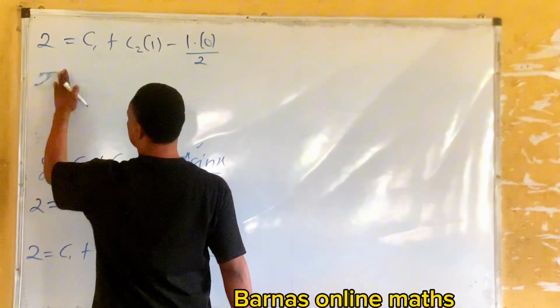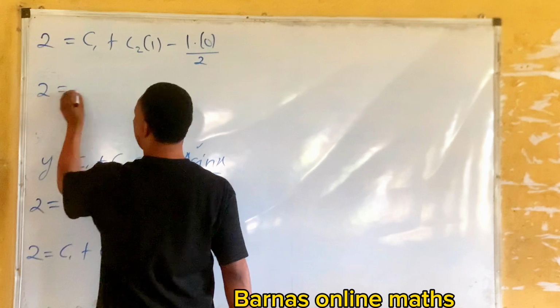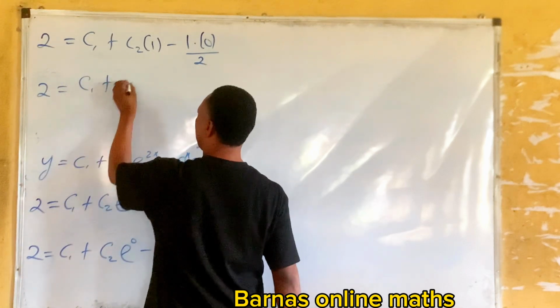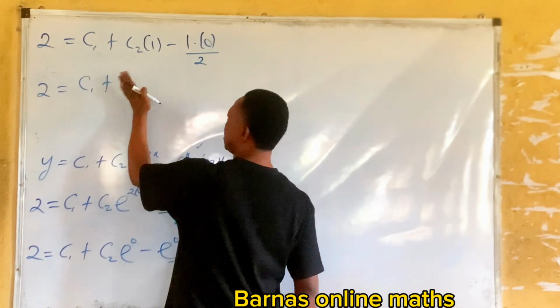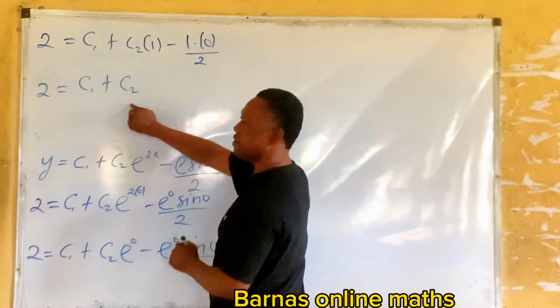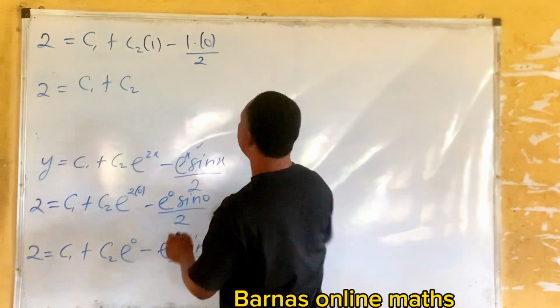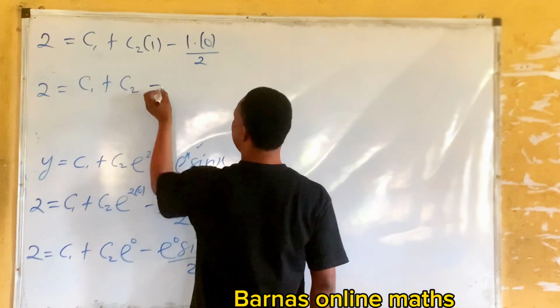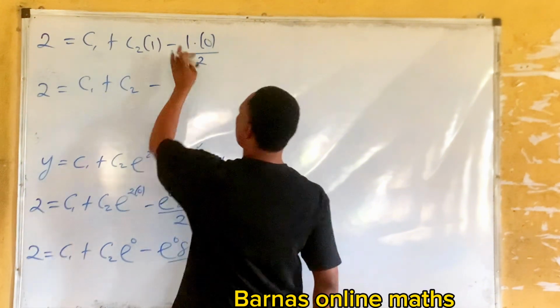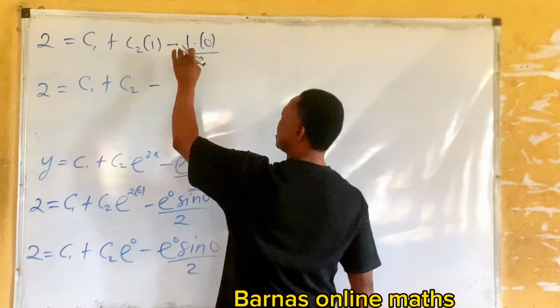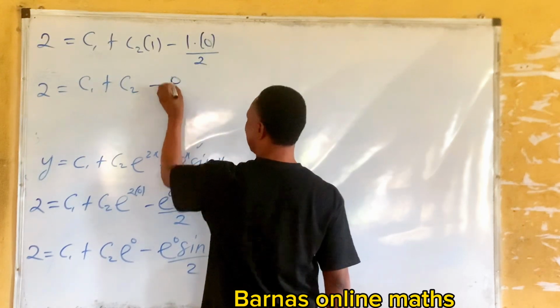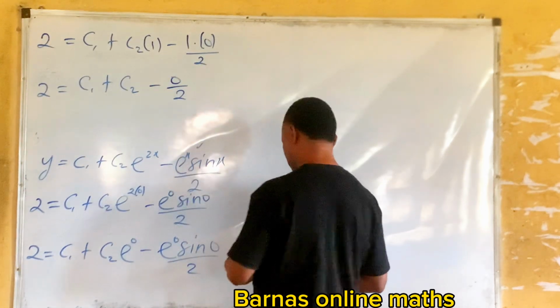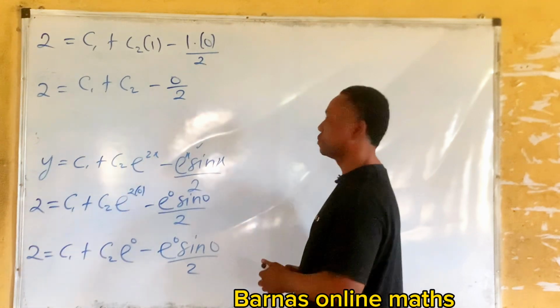Therefore, 2 equals c1 plus c2. Of course, c2 times 1 will give us c2. Then followed by minus 1 times 0 will give us 0, all upon 2.